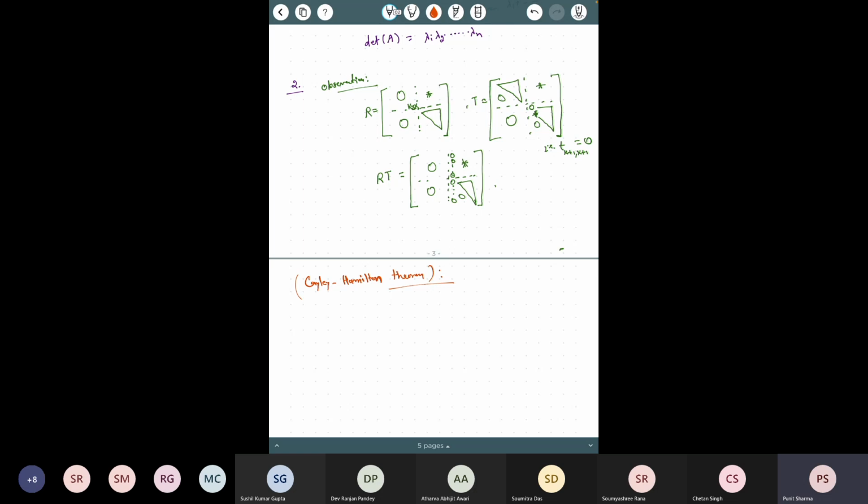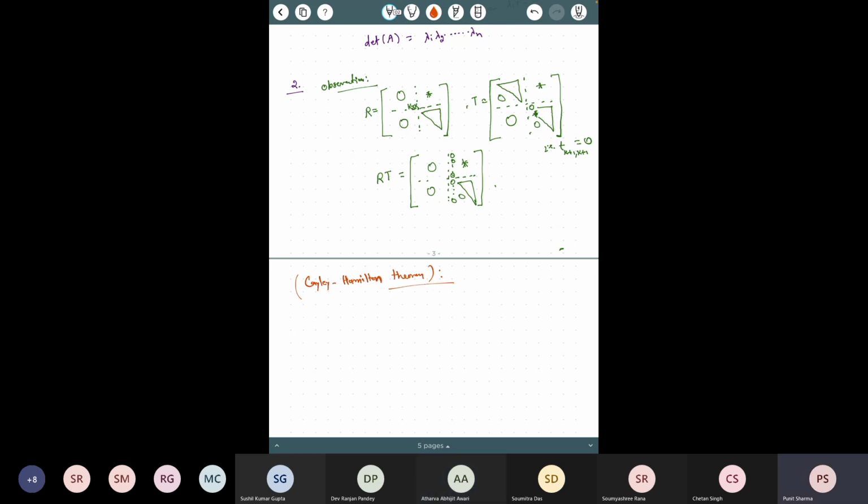We will learn this again. I just want to know if you know this or not. If P(x) is the characteristic polynomial of an n cross n matrix A, then P(A) is 0 when we replace x with the matrix A.